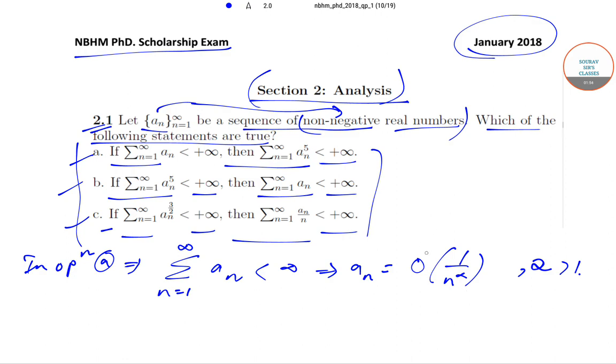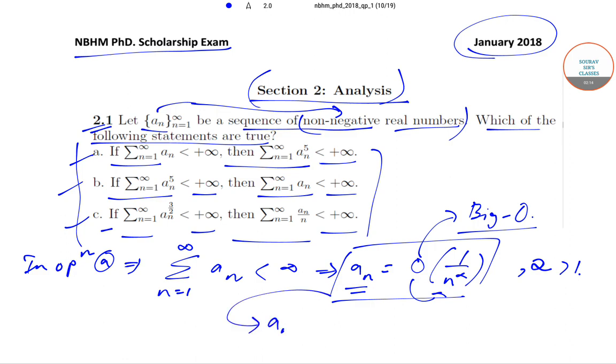Big O basically means that a_n is of the same order as 1 by n to the power alpha. This is the meaning of this statement, big O.